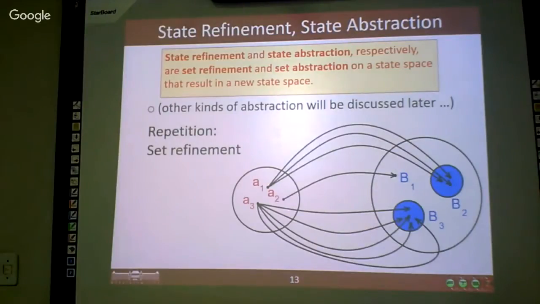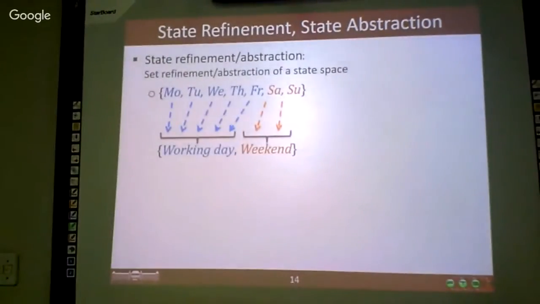For example, from A2 you will get just one state, B1, but from A1 you will get a set of states called B2, and from A3 you will get a set of states B3. Just to show you an example for the refinement and abstraction.